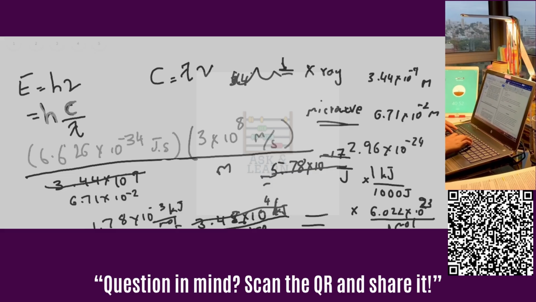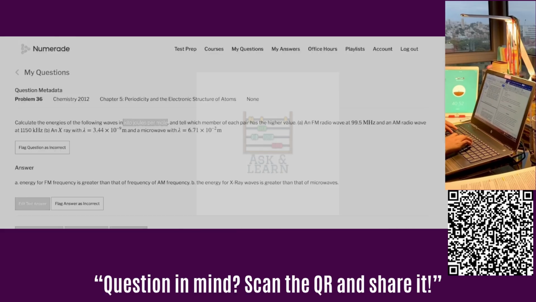So obviously the bigger number in this case will be this guy here, which is the X-ray. X-ray has more energy, which makes sense if you think about it. So again, the two answers are right here. There's an answer for the microwave, and the circled one is for X-ray. As for who has higher energy for part B, you're gonna say X-ray has a higher energy.